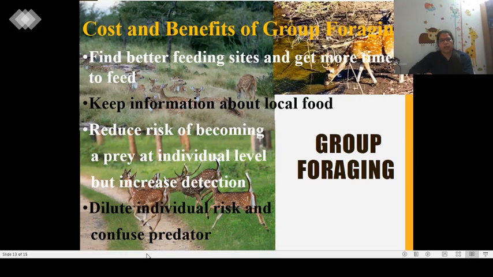Individuals are kept informed about local food availability, as there are many heads to search in a local ground for local food resource availability. They reduce the risk of becoming prey at the individual level but increase detection by the predators. They dilute individuals' risk and can confuse the predator too.